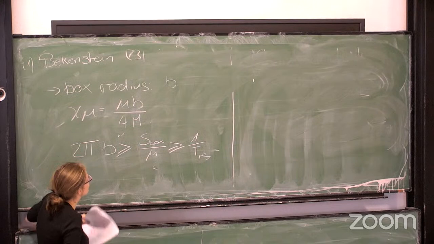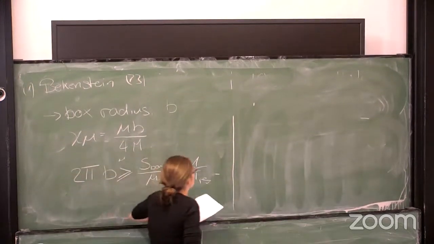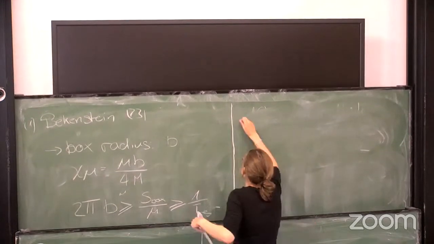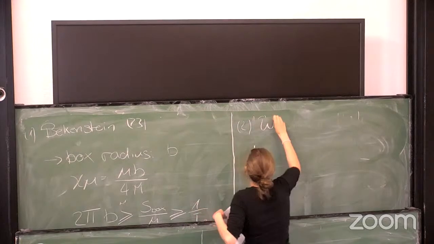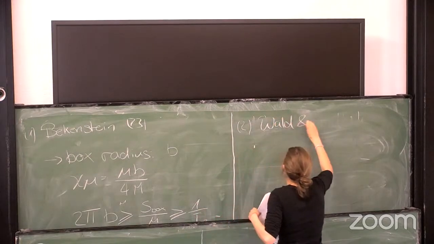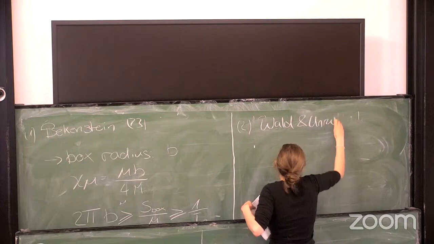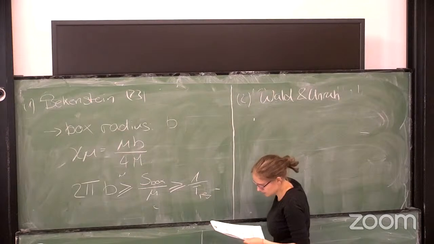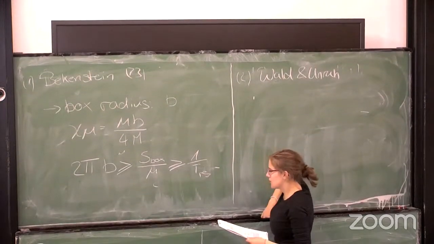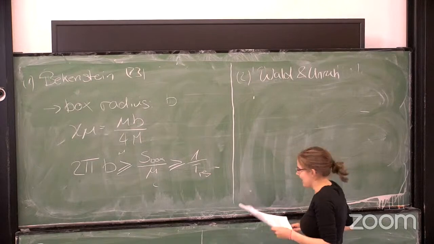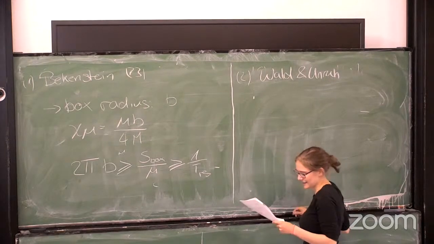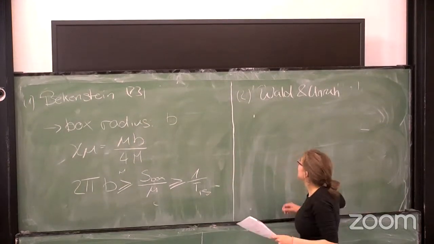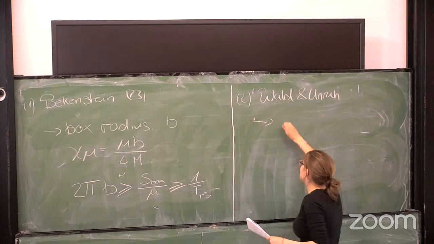There's also been a second approach to resolve this process, which was presented by Wald and Unruh. The references to these papers are also in the lecture notes. They came a bit later, so Hawking already had this calculation, they knew that black holes radiate, and their idea was to use radiation pressure.